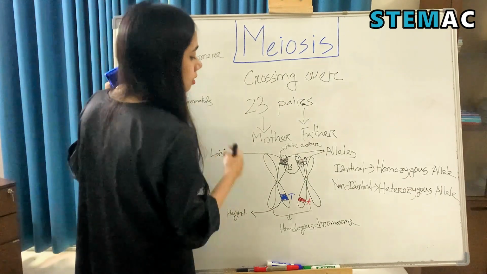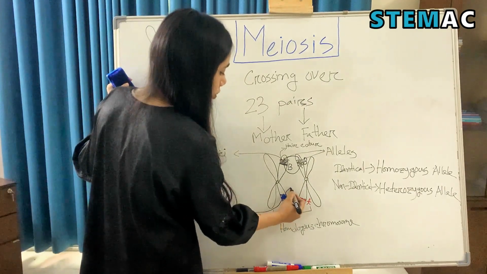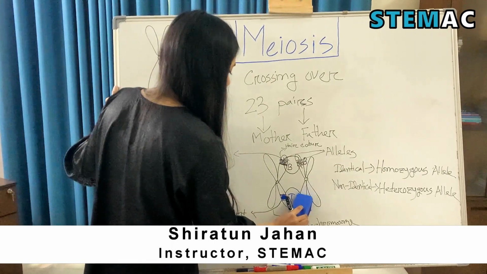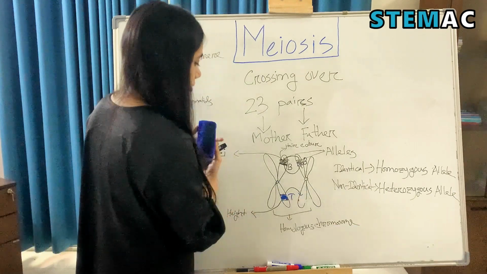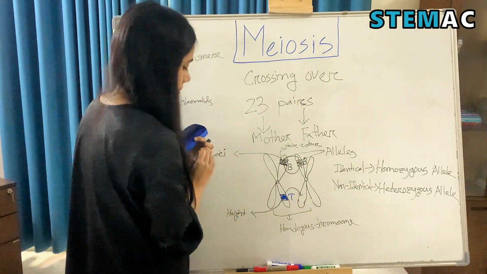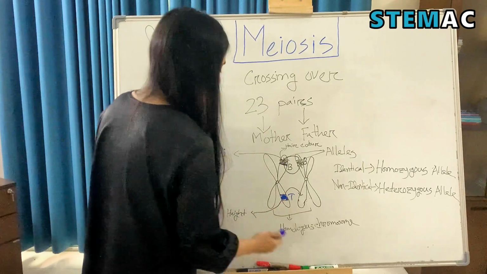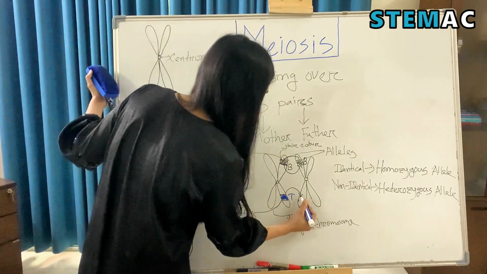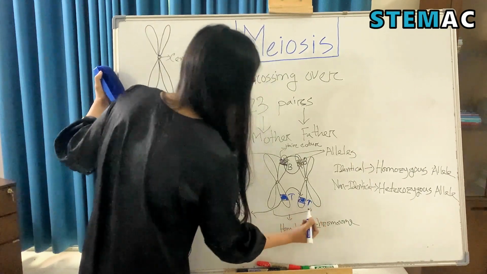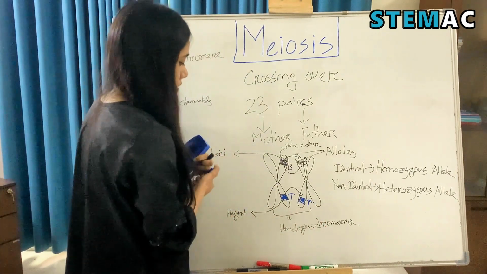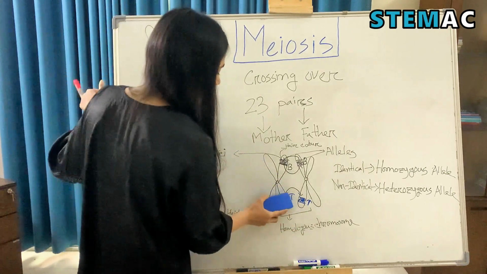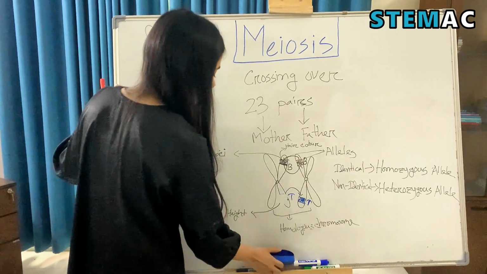This allele will get exchanged here, so it will be capital T. And this one will be small letter t, because it has got exchanged. So now it will become short.